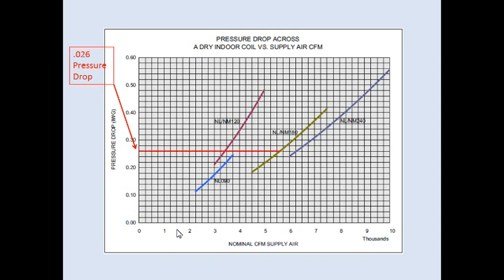Follow our line in where it intersects with the 180 curve. Draw our line down. And we have approximately 5,750 CFM at this point. We'll need to plot this and check it for each of our stages on the variable speed fan motor.